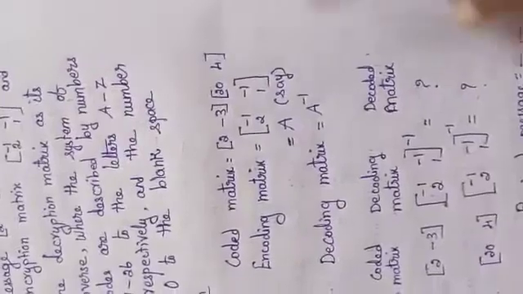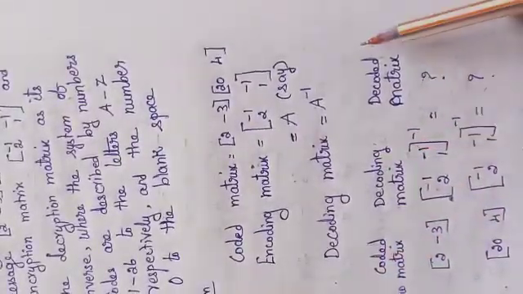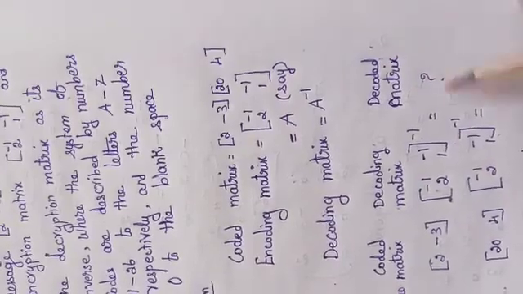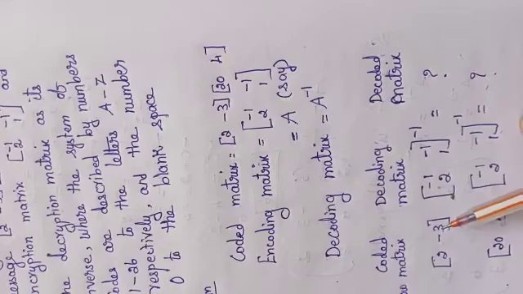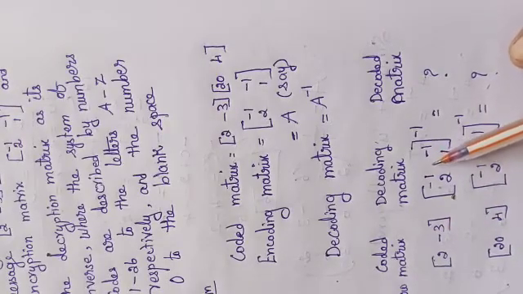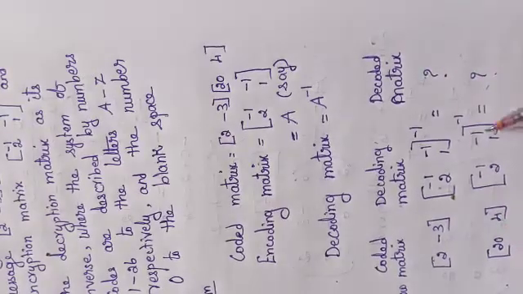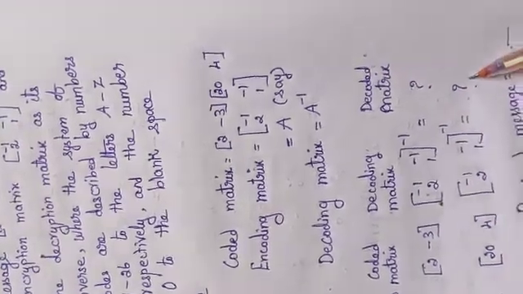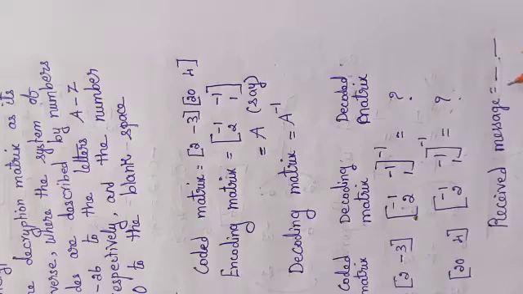The received row matrix, first one, multiplied by the inverse of the encoded matrix gives the answer, and the next one also multiplied by the inverse gives the answer. That will give our received message. Together we write it as the answer.